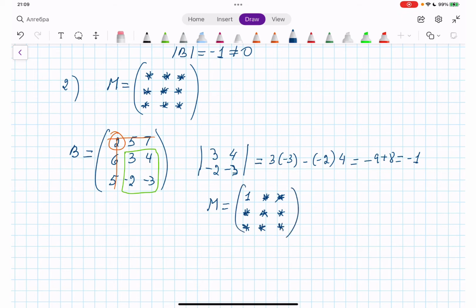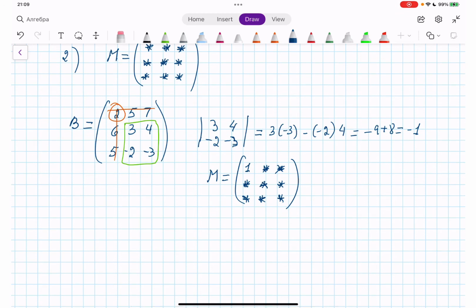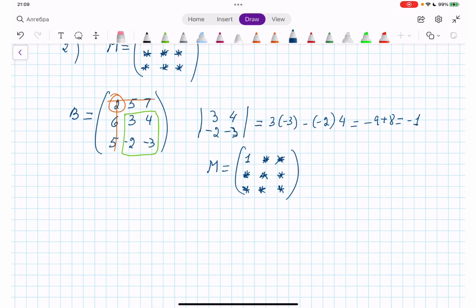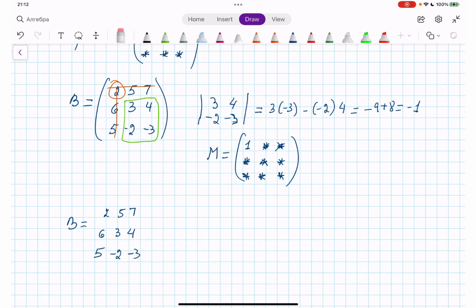Next, B is equal to 5, 7, 6, 3, 4, 5, negative 2. Oh, here is negative 1, sorry.